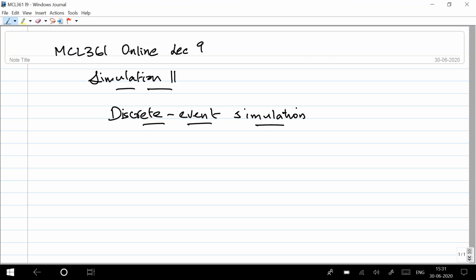We saw what Monte Carlo simulation is. In Monte Carlo simulation, you develop a mathematical model of the system, and some of your parameters are random variables, and the function or the distributions are so complex that you cannot analytically derive the distribution of the output of that function.